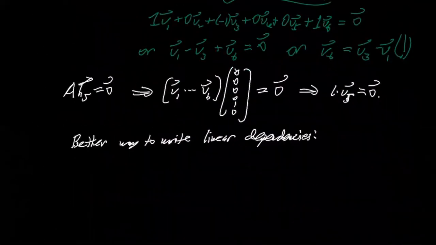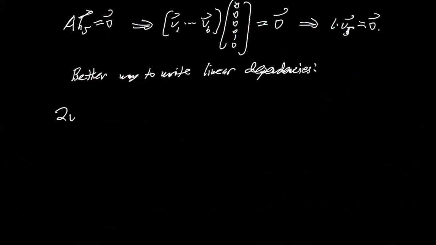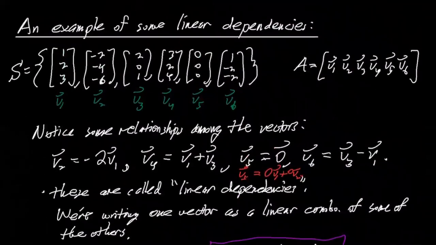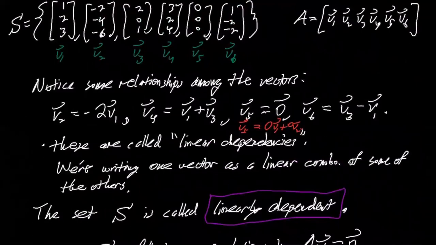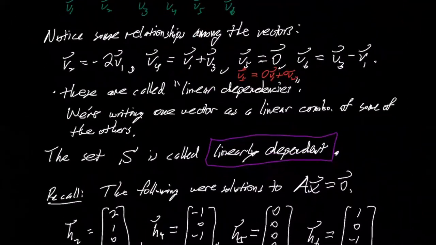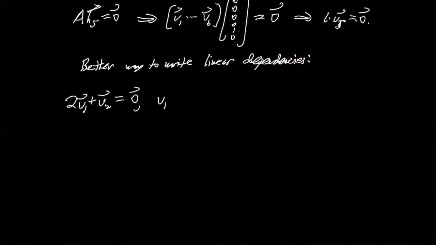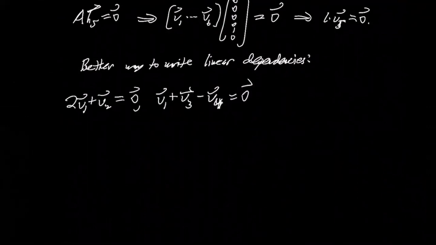So we could write 2v1 plus v2 equals 0. For v4, sorry, I have to scroll a little bit back up. We could write minus v1 minus v3 plus v4 equals 0. Or we could write v1 plus v3 minus v4 equals 0. It doesn't really matter. We can write 1v5 equals 0.